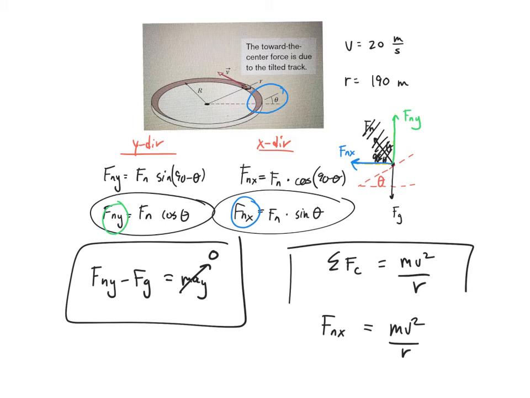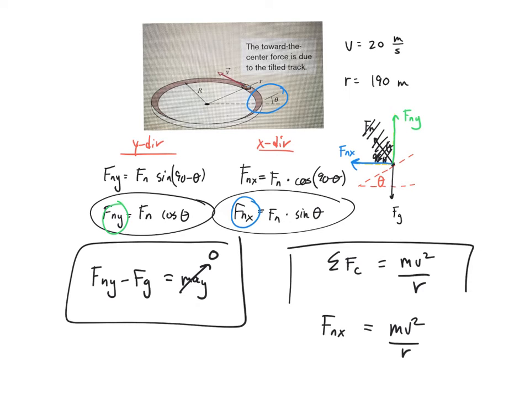This means the sum of the forces acting toward the center equals m times a acting toward the center. But a acting toward the center is v squared over r. Remember, centripetal acceleration is always v squared over r, so this is really ma, but I'm replacing it with v squared over r. And then I carry down and ask, what are all the forces acting toward the center?